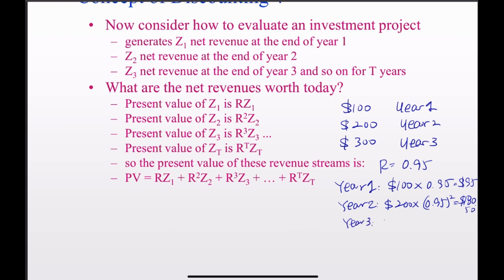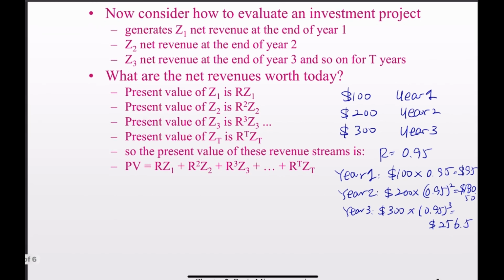Year 3, $300 times 0.95 cubed, which is $256.5.